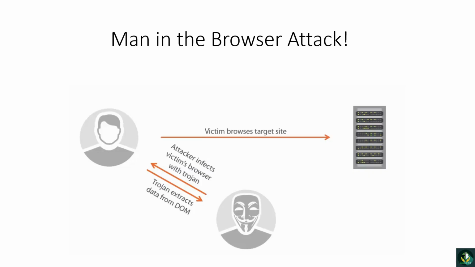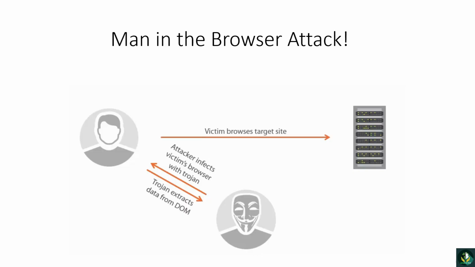The victim just visits the site and it exploits a vulnerable version of the plugin, which executes code on their machine. When we are talking about the browser, we have seen browser plugins or extensions which have been malicious in the past, and the key thing about a man in the browser attack is that there is malicious software running in the browser.